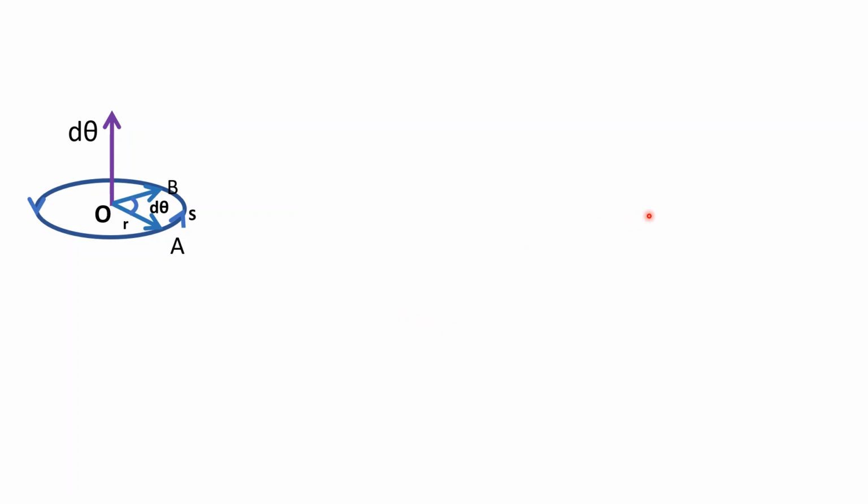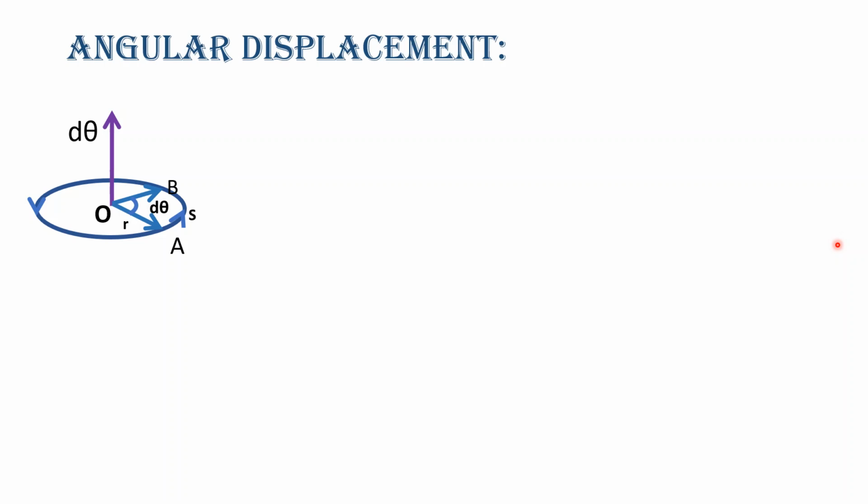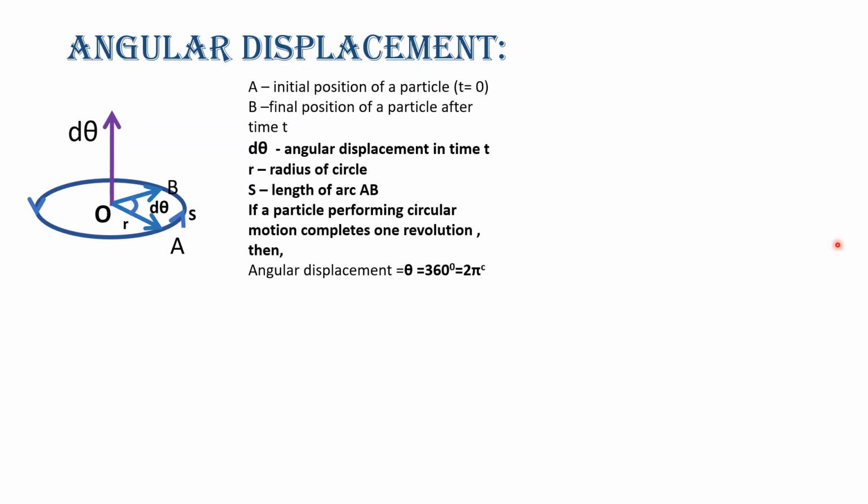Now let us see the second term in circular motion, which is angular displacement. Here let us consider the position of a particle at point A at time t equal to 0. This is the initial position of the particle. B is the final position of the particle after a time interval t.